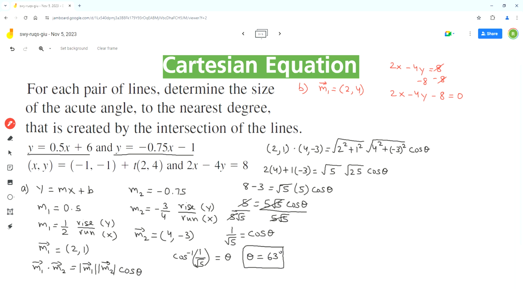So this is the equation of the line in Cartesian form, and from this form we can find the normal vector for the line, and that's the coefficients of the x and y terms.